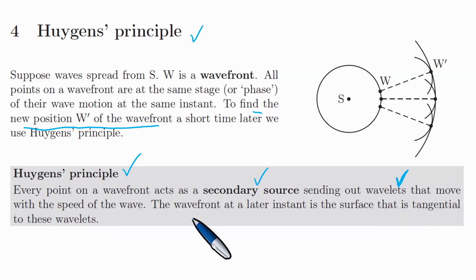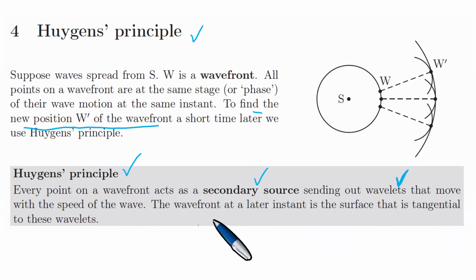Huygens principle. Every point on a wavefront acts as a secondary source, sending out wavelets that move with the speed of the wave.